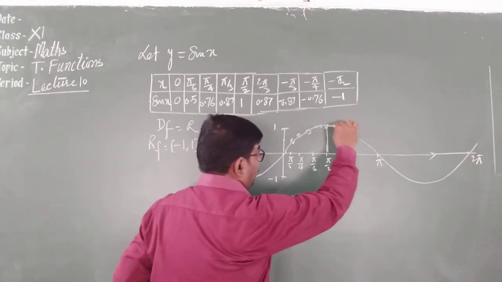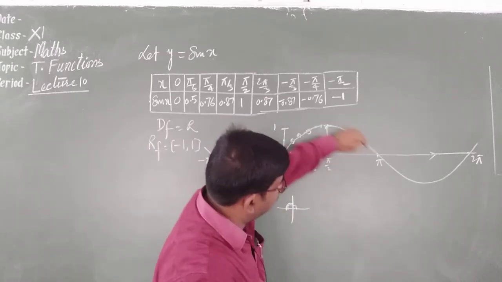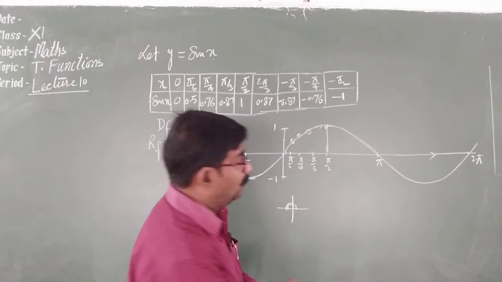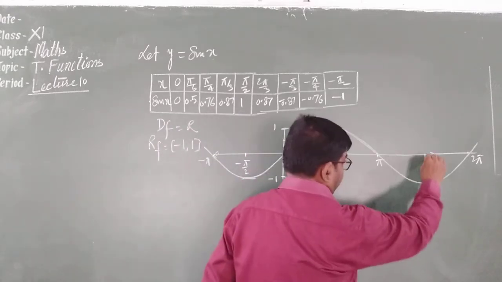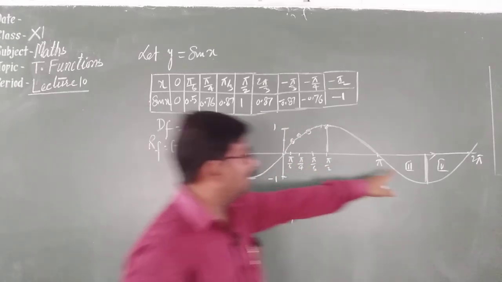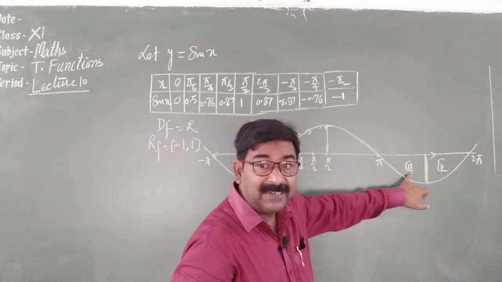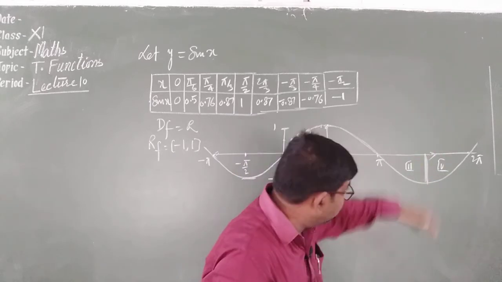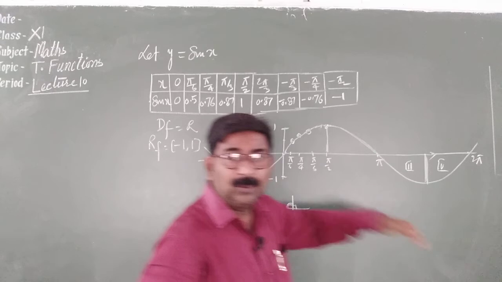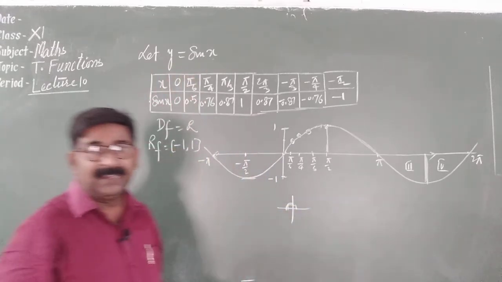Here again it is above the x-axis and it is positive, but the graph is decreasing, its value is decreasing. Now this is the third and fourth quadrant. In the third quadrant sine is negative, in the fourth quadrant sine is negative, and it is below the line. Below the line means it is negative. So this is how we can plot the graph of the function y is equal to sin x.